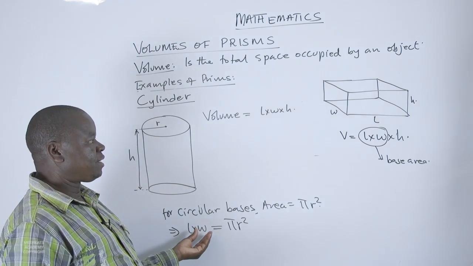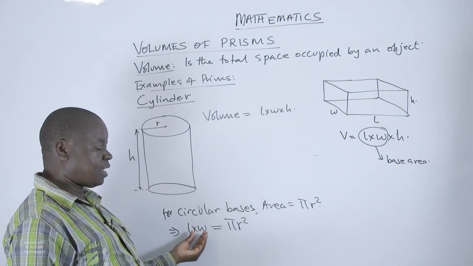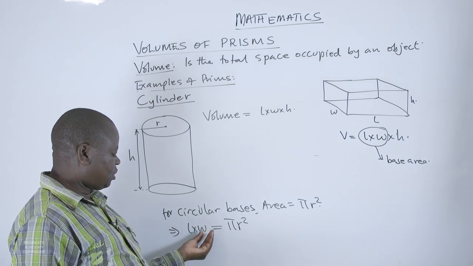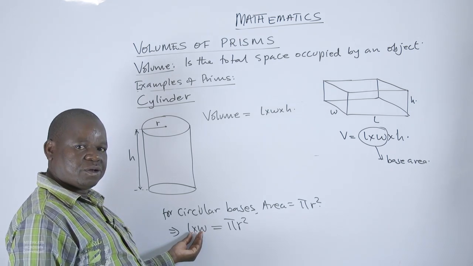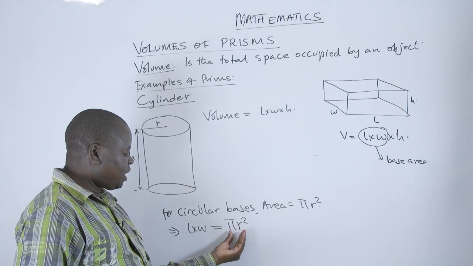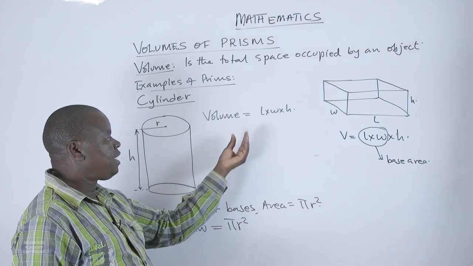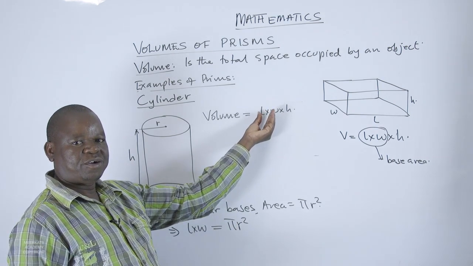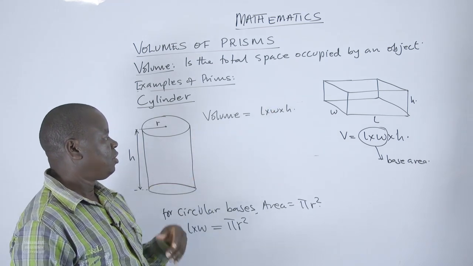So we can now easily substitute, where there is length times width, with pi r squared to obtain the volume of a cylinder.